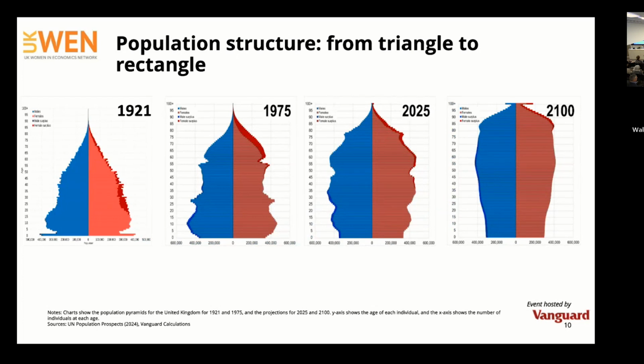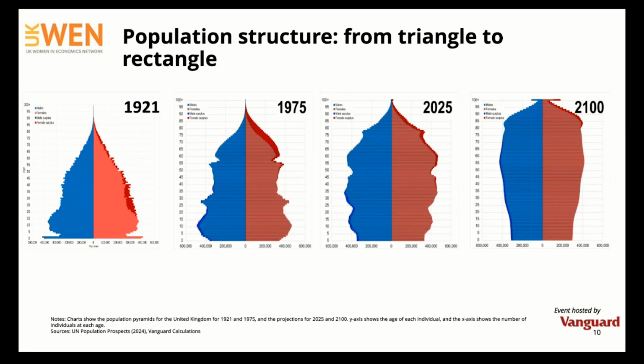The second fact I want to bring to the table is what used to be called the population pyramid, right? We used to call it the population pyramid. Why? Because, you know, in previous generations, like look at 1921, we just took some snapshots here. 1921, it was actually a pyramid. What does that mean? The population pyramid, what does this show?